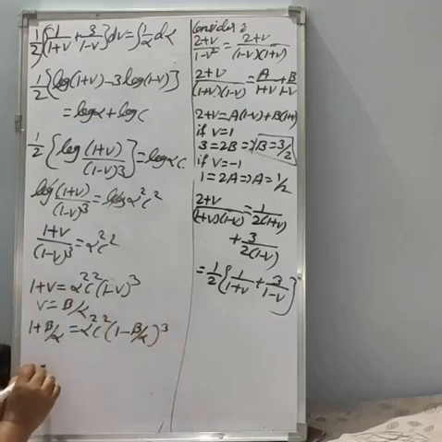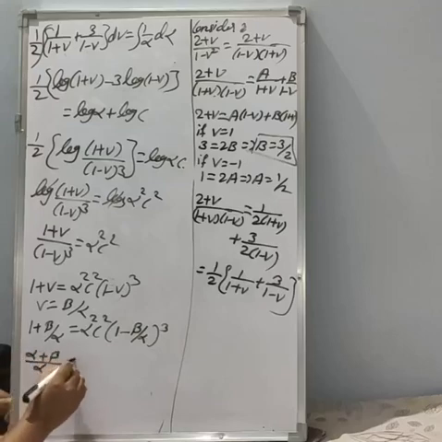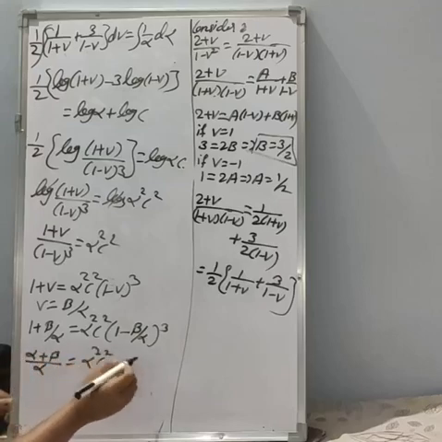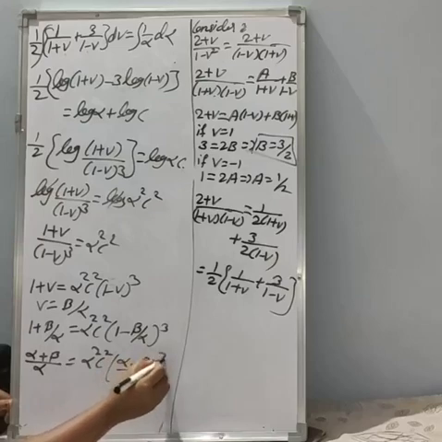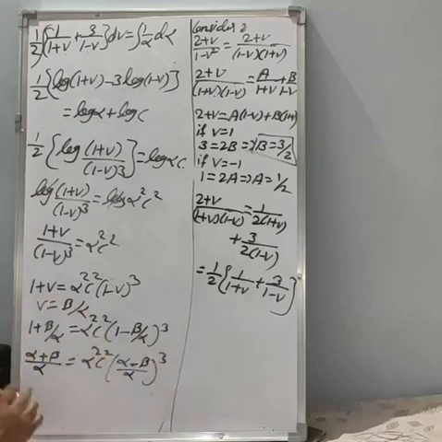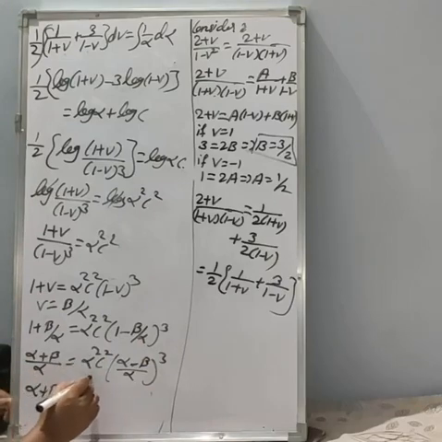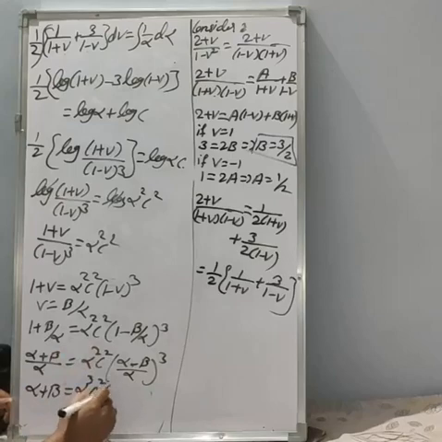Now take the LCM and solve. You will get alpha plus beta, this is equal to alpha square c square, here also alpha minus beta divided by alpha whole cube. Okay, then transfer this alpha to this side. So alpha plus beta is equal to this alpha into this alpha square, alpha cube c square, and we can write this as alpha minus beta whole cube divided by alpha cube.